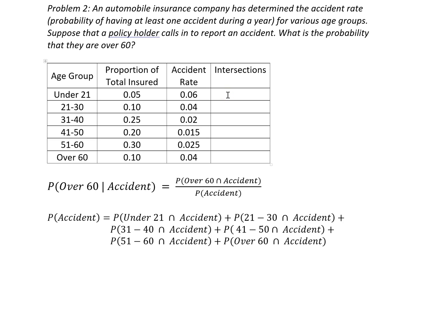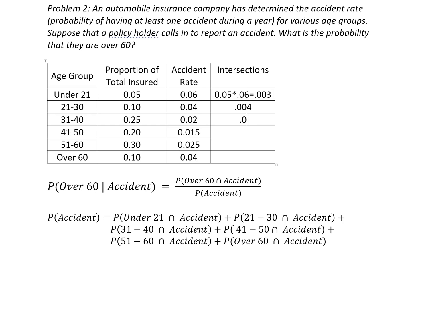So the intersection of being under 21 and having an accident is 0.05 multiplied with 0.06. And this ends up being 0.003. Similarly, I multiply the 0.10 with the 0.04, and I got 0.004.